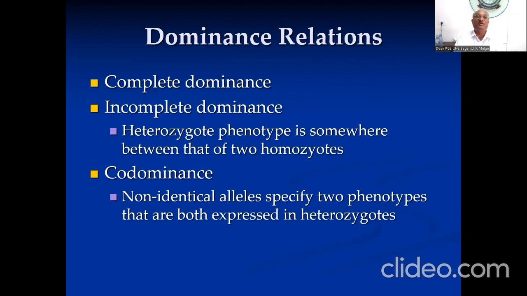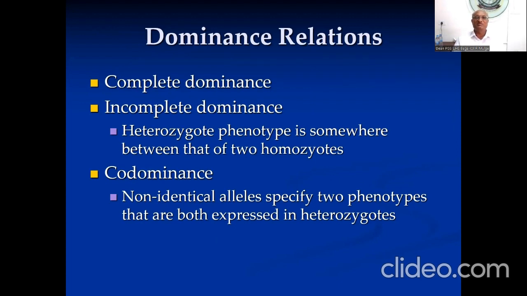Dominant relations: complete dominance and incomplete dominance. Heterosis breeding depends on whether complete dominance or incomplete dominance is there. Complete dominance means the homozygous dominant is the same as the heterozygous.